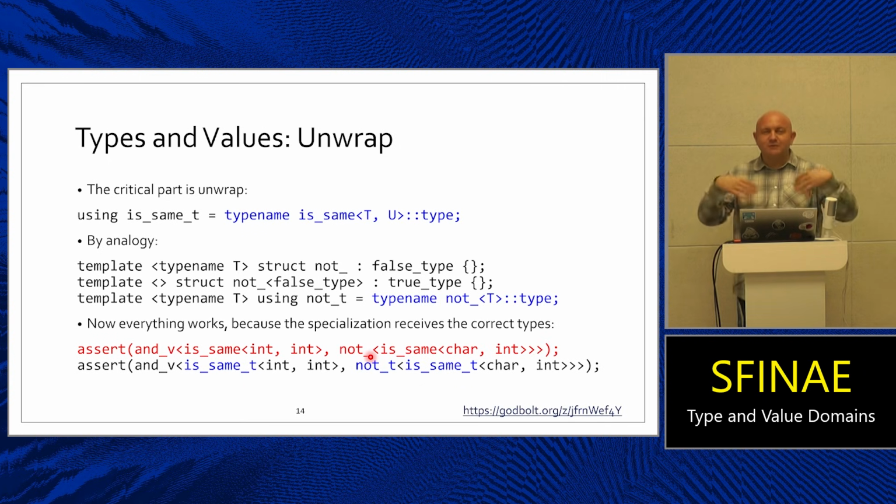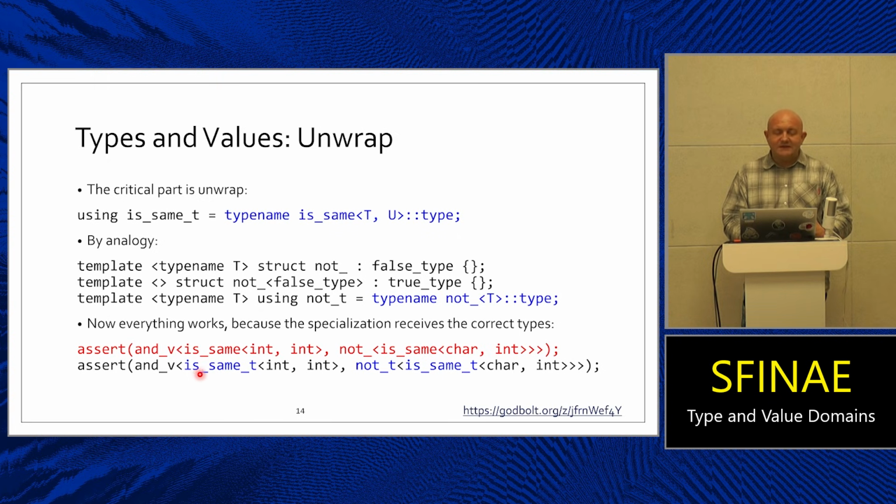And to unwrap it, to feed this AND with proper logic, we need to also have a not_t template. And that is the ::type unwrap alias template for NOT of T::type. And now this assert actually works.